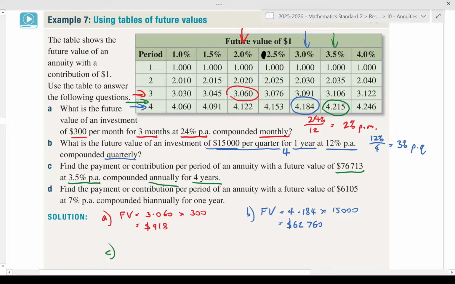So what we're looking for this time is basically that value there. So we know that our future value is $76,713. And we know that the amount is going to be 4.215, and we're going to times it by our, we'll call it PMT for payment.